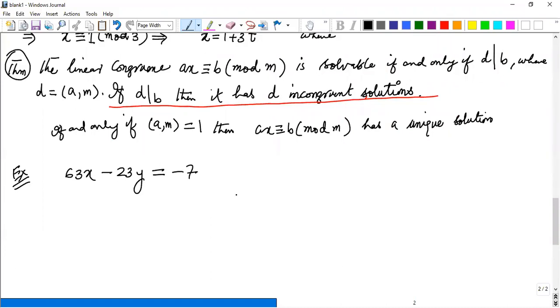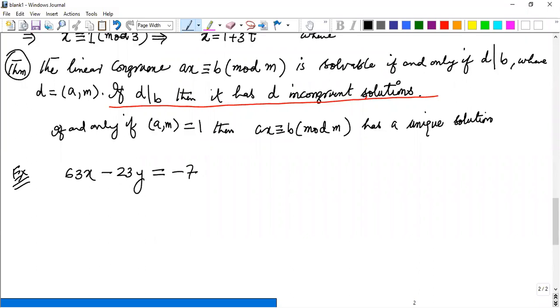So that example has already been solved by using the technique of linear Diophantine equations, in which we use the Euclidean algorithm. Here we will solve this linear Diophantine equation by using linear congruence.